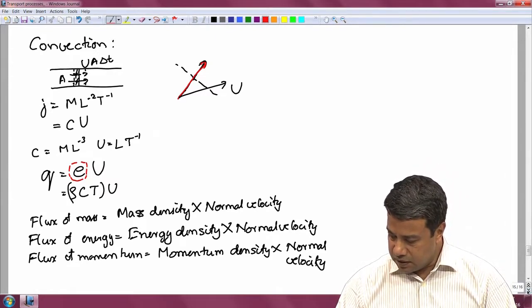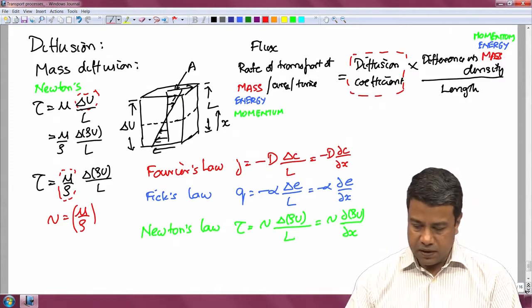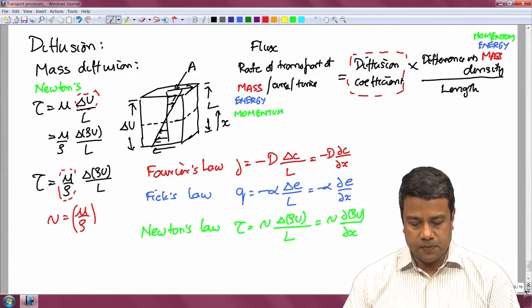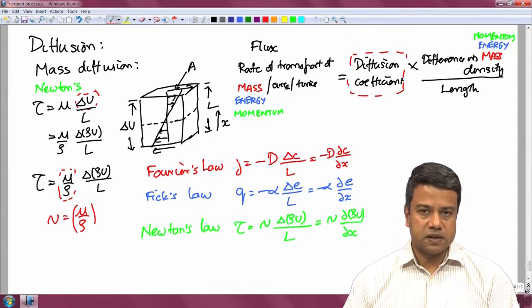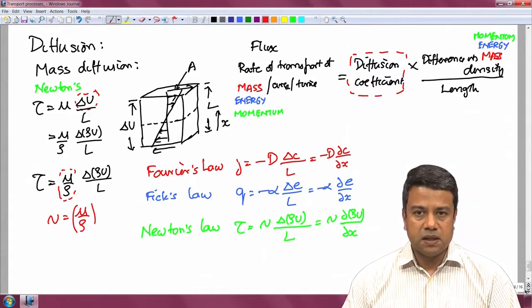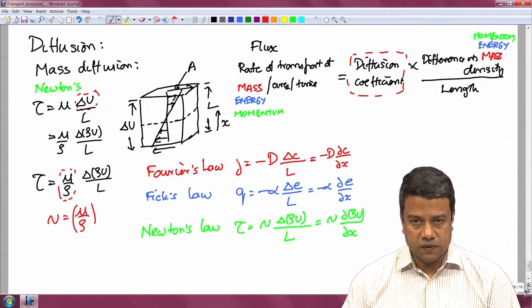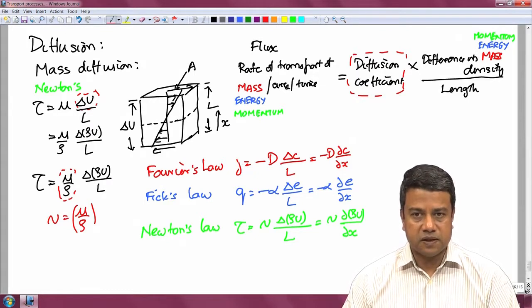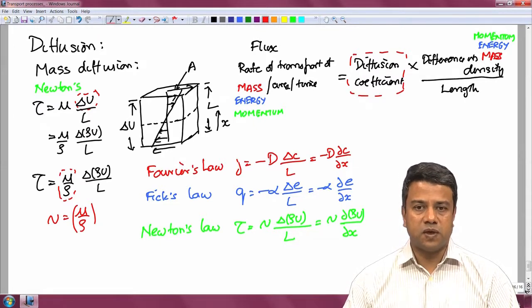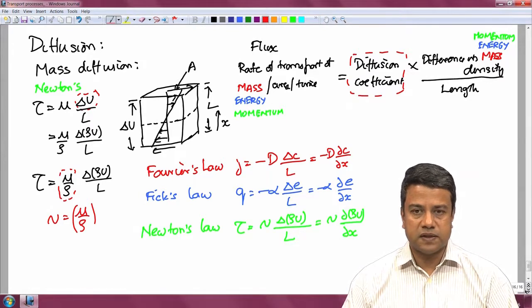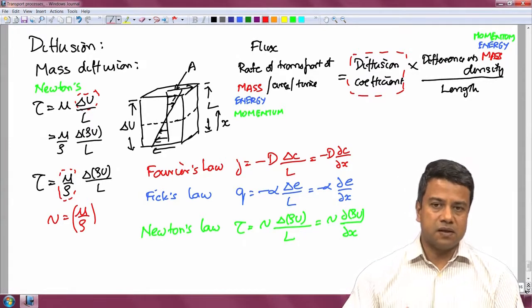Diffusive transport, on the other hand, is basically a transport due to molecular velocity fluctuations, which takes place even when there is no fluid flow across the surface. Even when there is no fluid flow across the surface, material, energy, momentum will still be transported across the surface because of the fluctuating velocity of the molecules, which carry the material along with them.